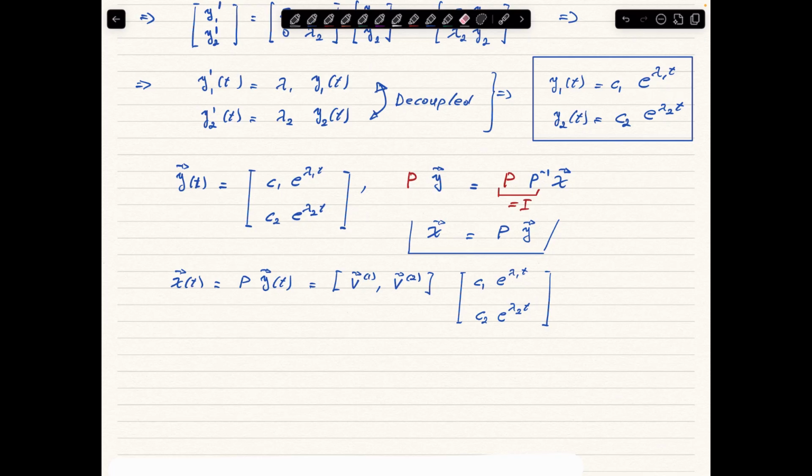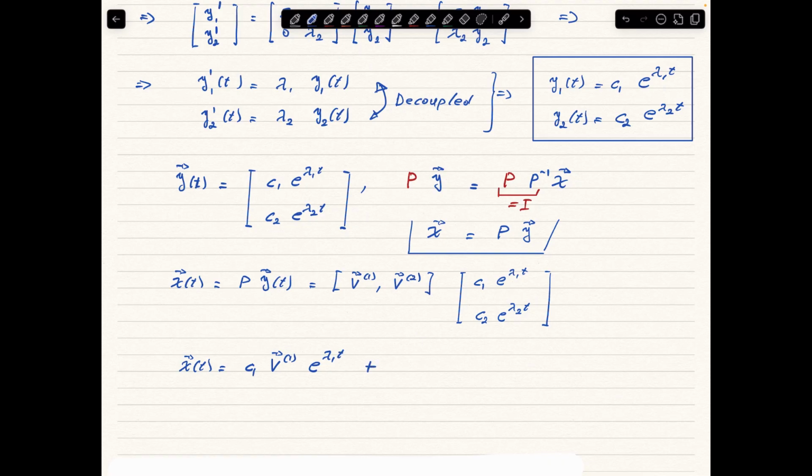that x of t is going to be the vector v1, the eigenvector v1, with all the components of this vector multiplied by the constant c1 and by the exponential lambda 1 t.